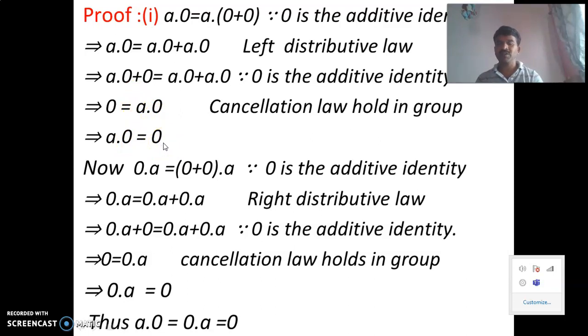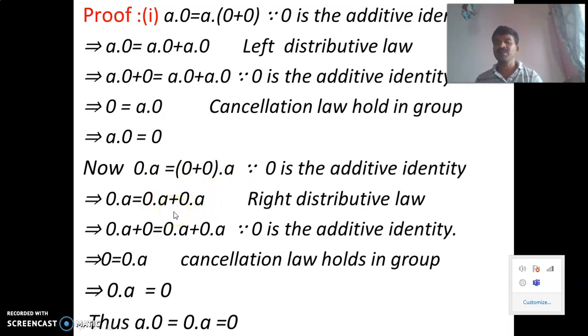Now we consider 0 dot A equals 0 dot 0 plus 0 dot A, by adding 0 to this 0, since 0 is an additive identity. That implies 0 dot A is 0 dot A plus 0 dot A. This is the right distributive law.